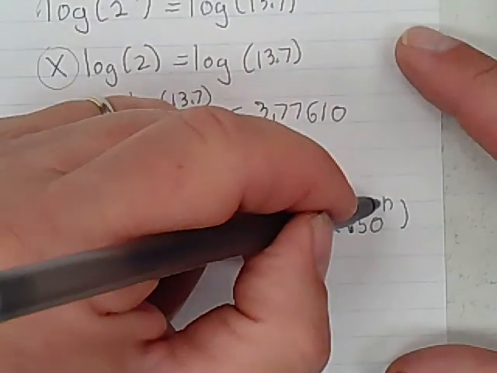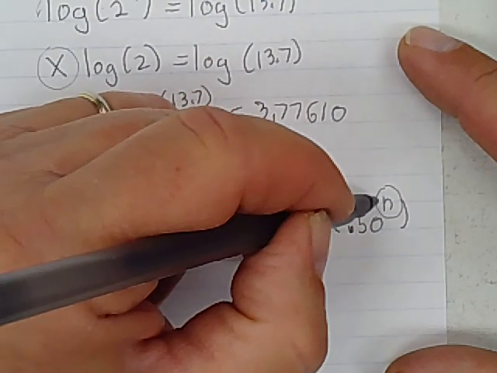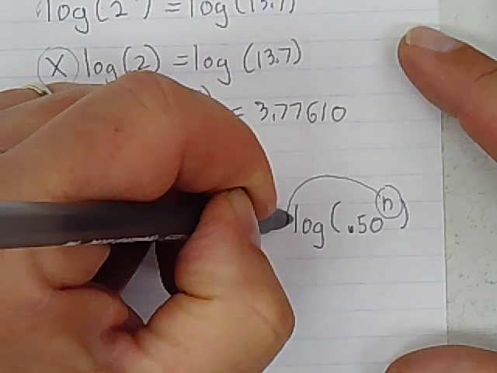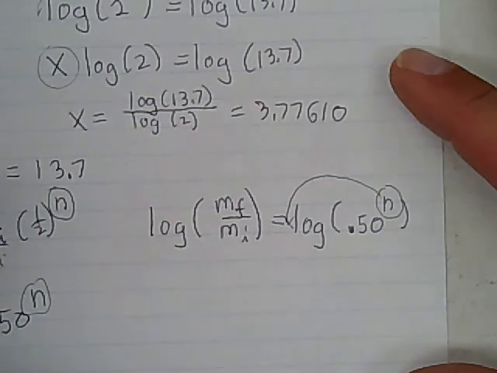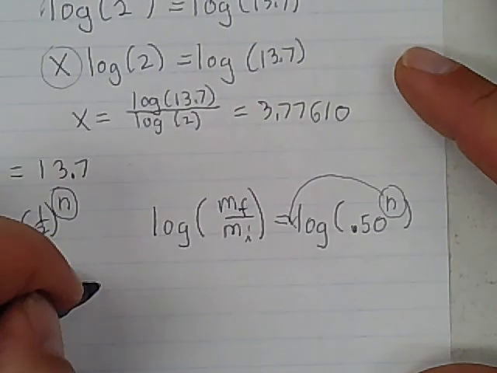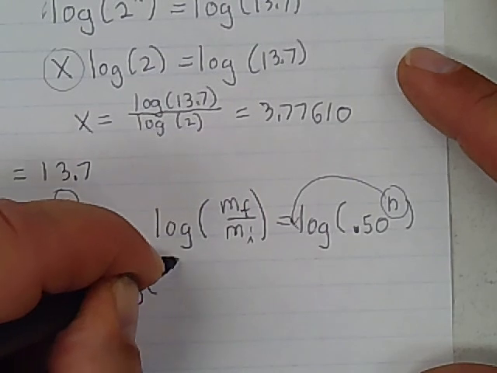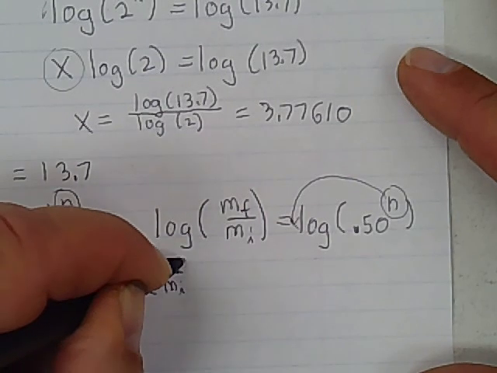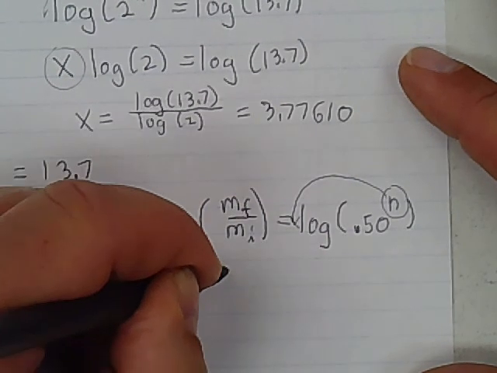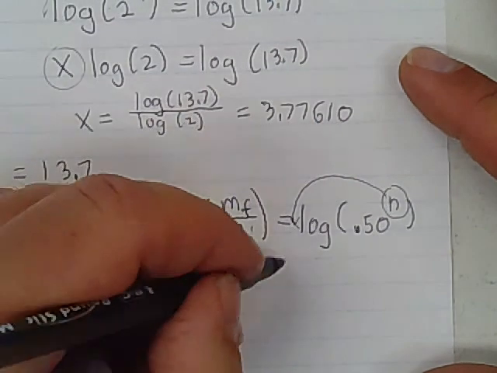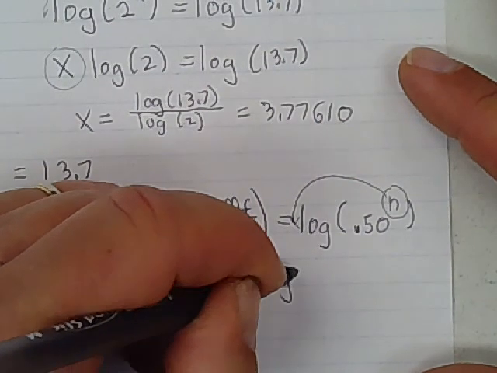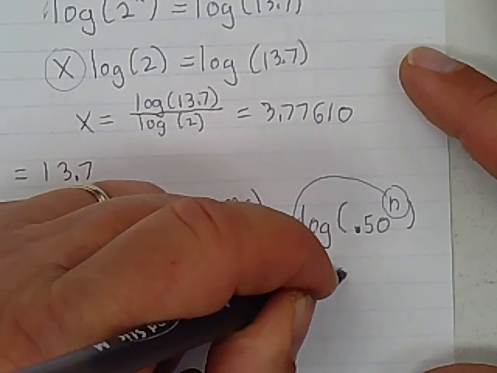I'm hoping you know what to do next. We're going to pull this n out and stick it in front of the log. Now we have log of the ratio of final mass over initial mass, some number, is equal to n times the log of 1/2.